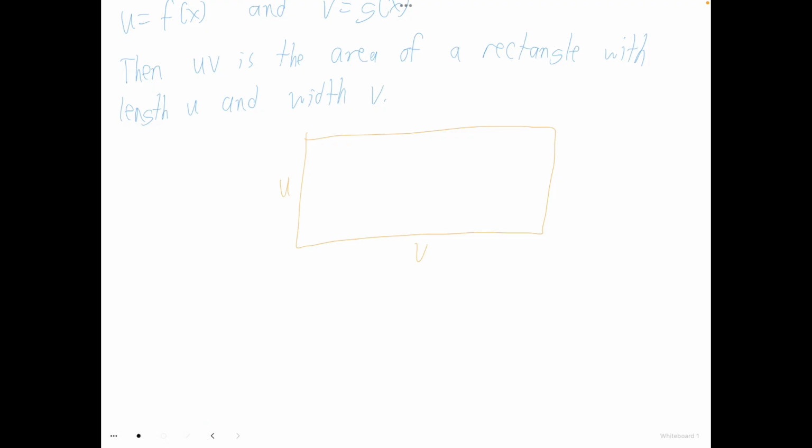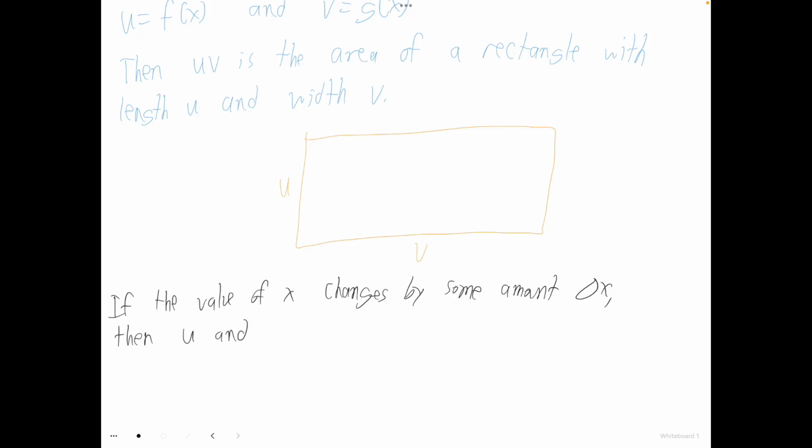Now we want the derivative of f times g, so we're going to consider what happens if the value of x changes by some amount delta x. Then u and v change.